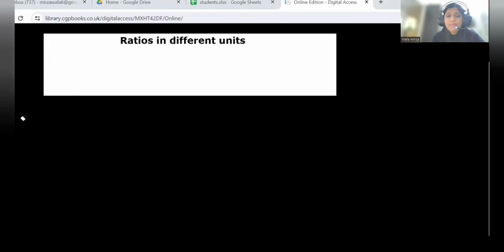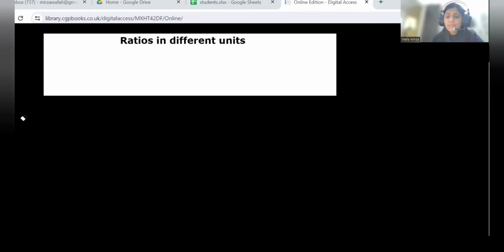Okay, now let's see how to find the ratio and write it in simplest form if the two quantities are given in different units.